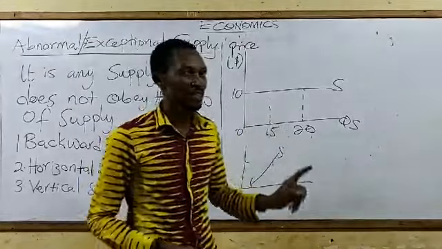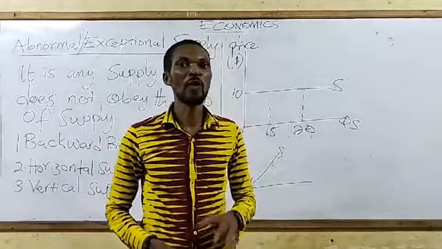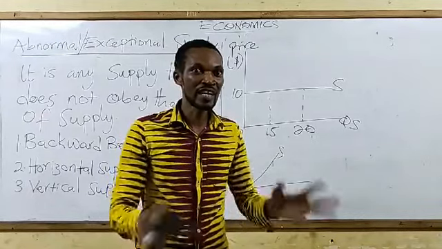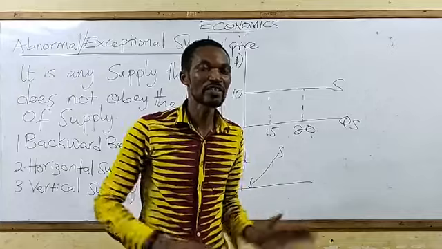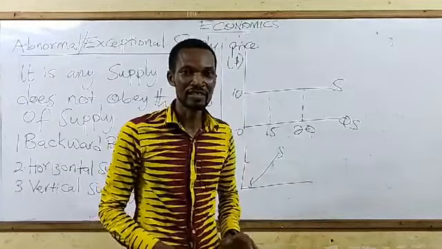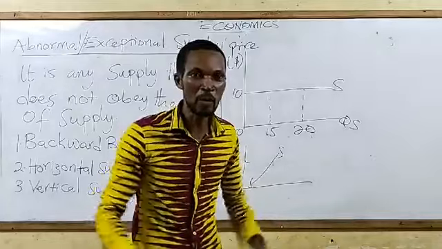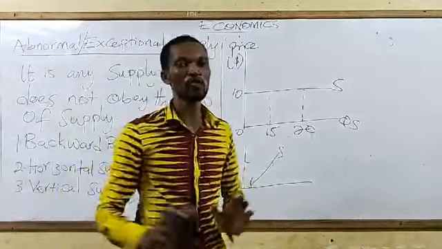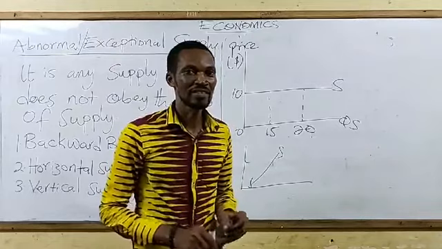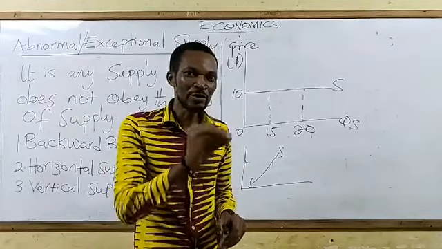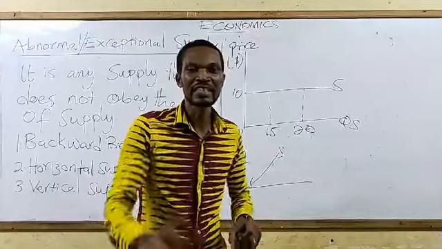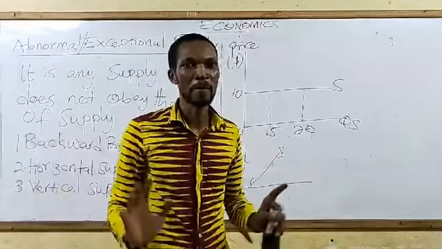This is a type of abnormal supply where at a fixed price, an infinite quantity is supplied. The price is fixed, and all the available quantity is supplied onto the market. However, at a slightly reduced price, when the price comes down slightly, nothing at all will be supplied onto the market.